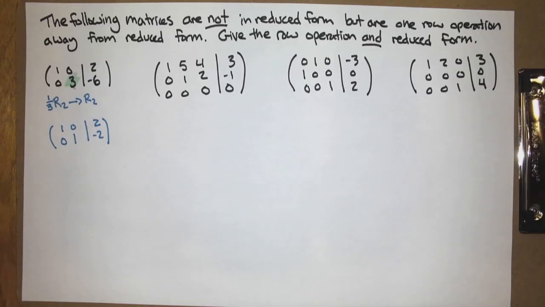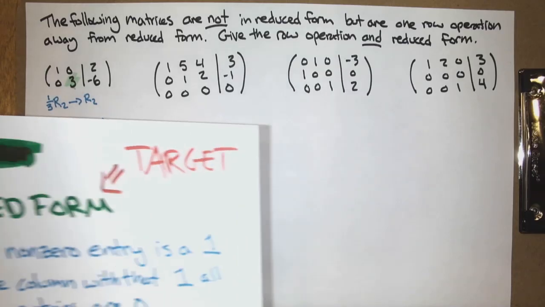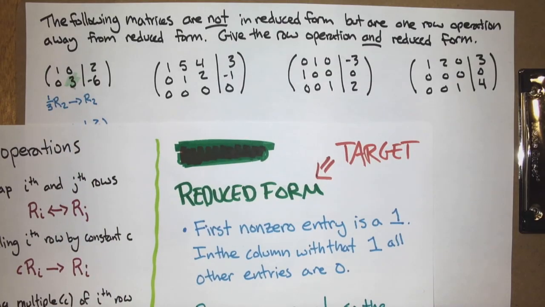This one's a little bit more subtle. We do need something to be 0.